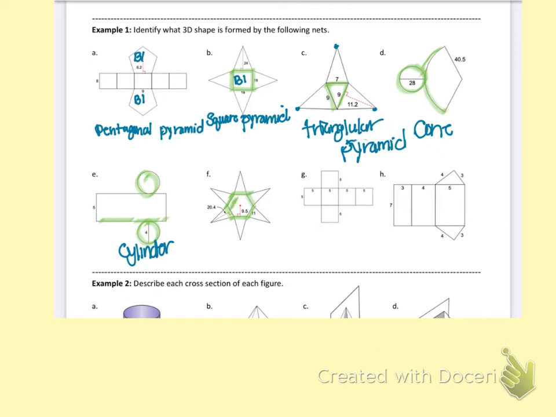And there's the base. And then eventually you can identify what type it is by looking at these lateral faces as it's laying flat. So we've got a 6-sided base.